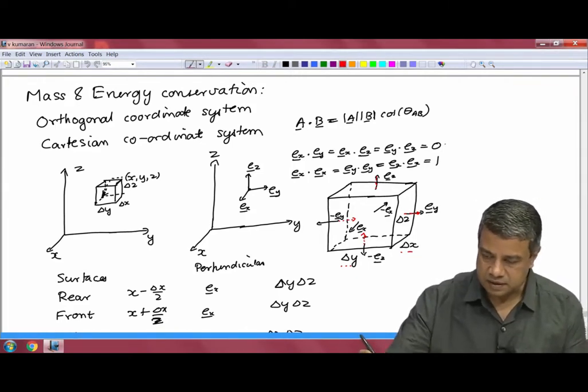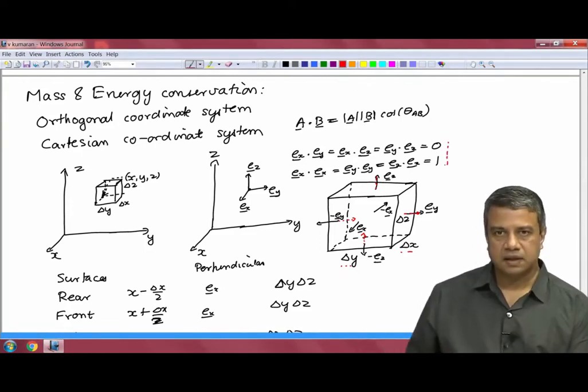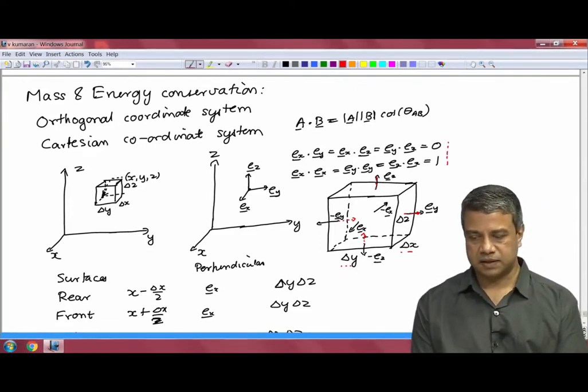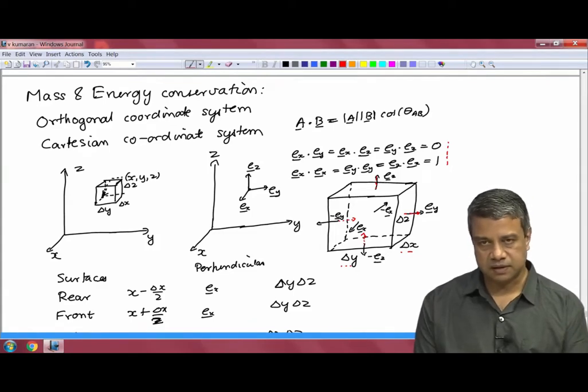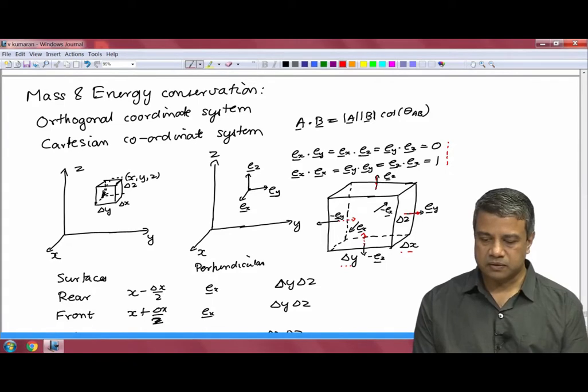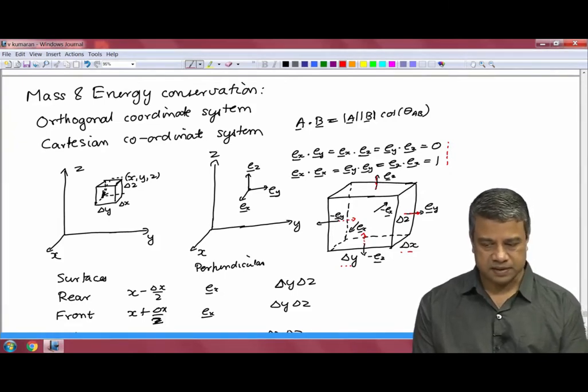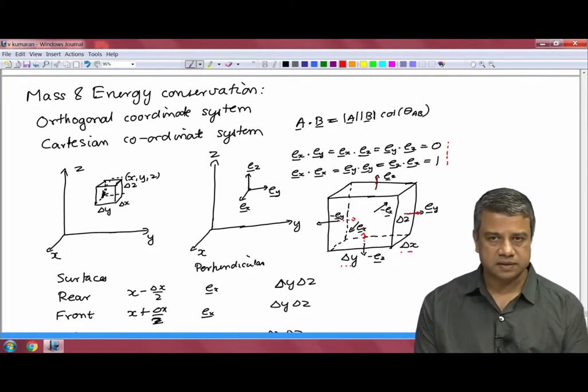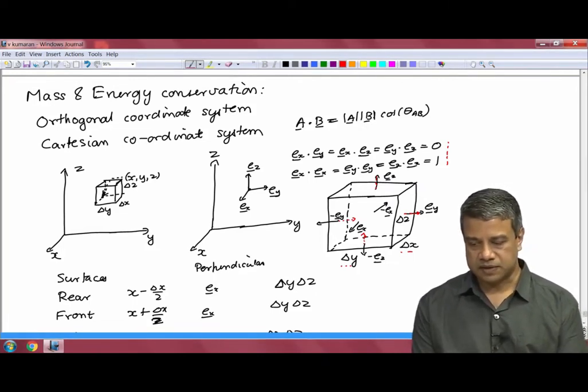All of these are perpendicular to each other and they have unit length, as expected for an orthogonal coordinate system. An important point to note about the Cartesian coordinate system is that the direction of the unit vectors is the same at all points in space. That is, the direction of the unit vector does not change as you change location.